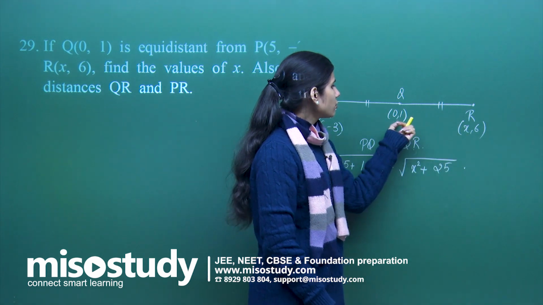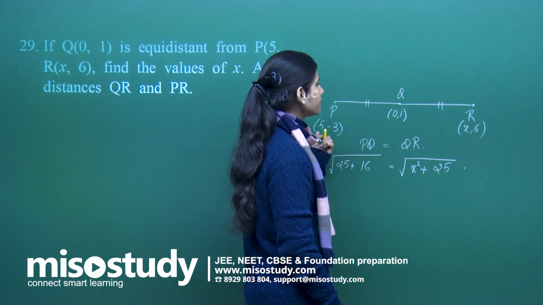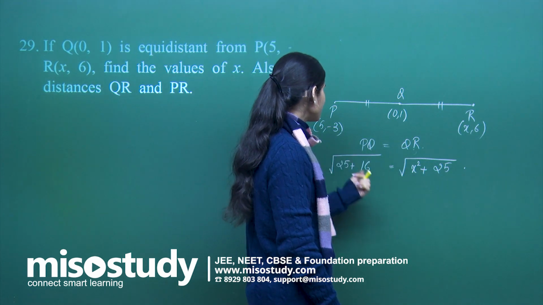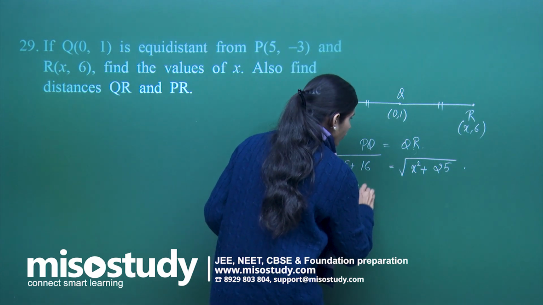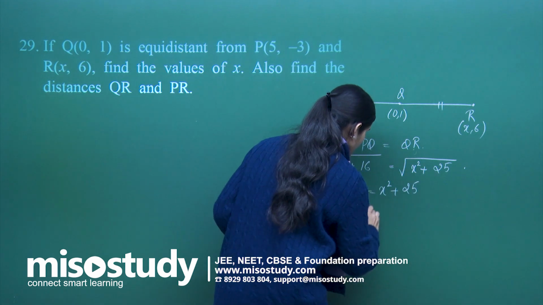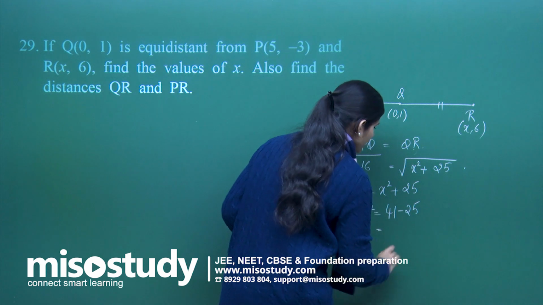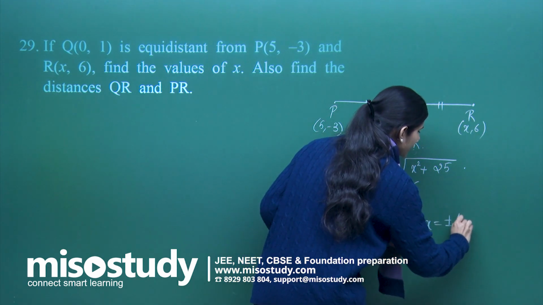So x2 minus x1 whole square plus y2 minus y1 whole square, here you had 0 minus 5, that is minus 5 whole square plus 1 minus minus 3, that is 1 plus 3, that is 4 whole square. Squaring both sides gives you 41 is equal to x square plus 25. So x square will be 41 minus 25, which gives you 16, which implies x is plus minus 4.